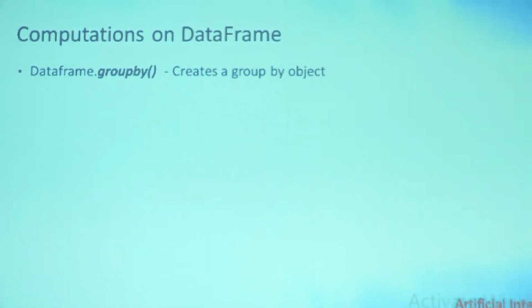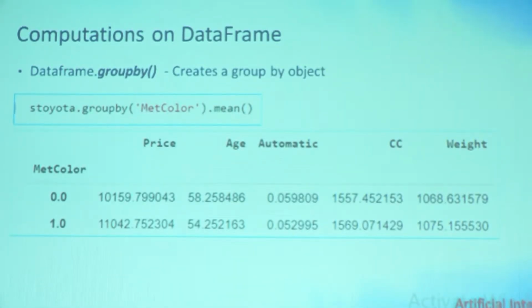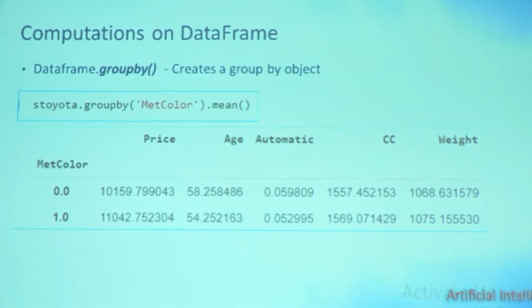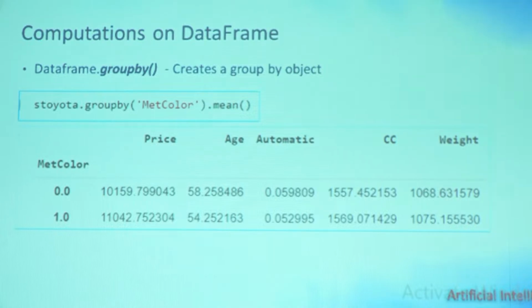Now, the next one is computations on data frame. An important method that we are going to use is the groupby method. This groupby method will be useful if you really want to see what are the common things that you can group your attributes with. For an example, here on the screen, I am trying to group by the column called MetColor with respect to mean.